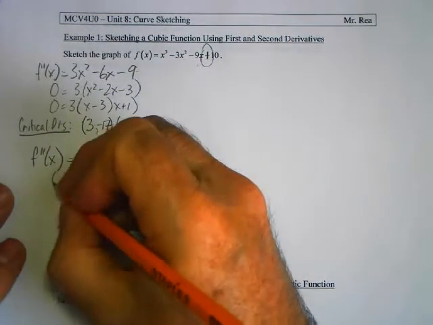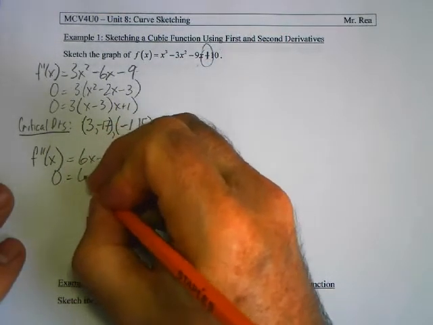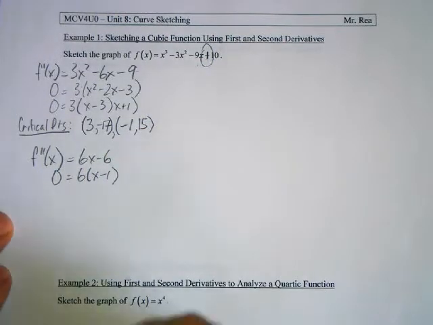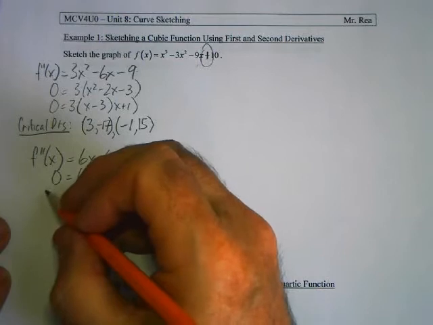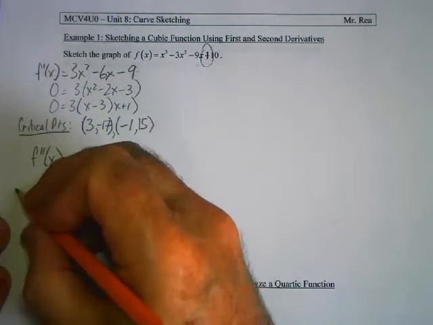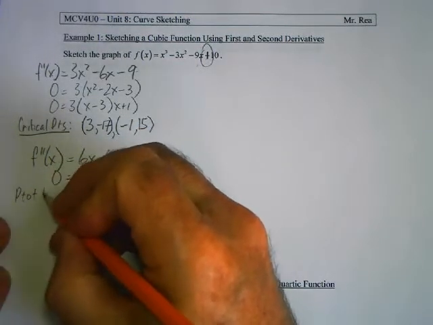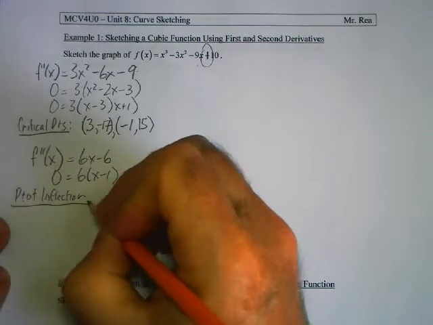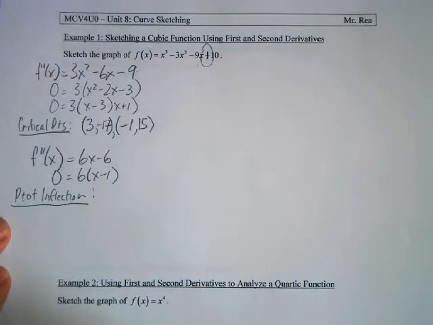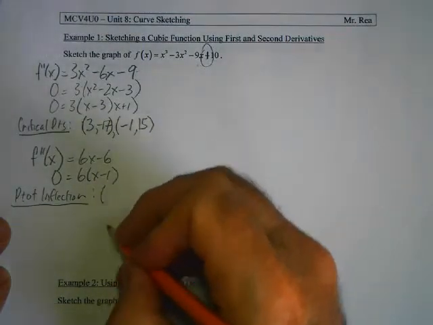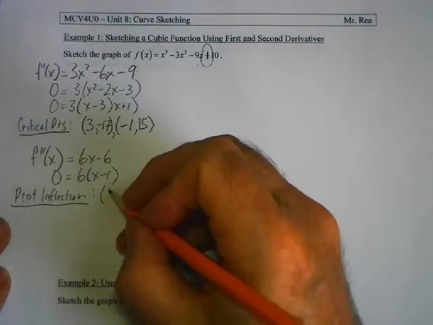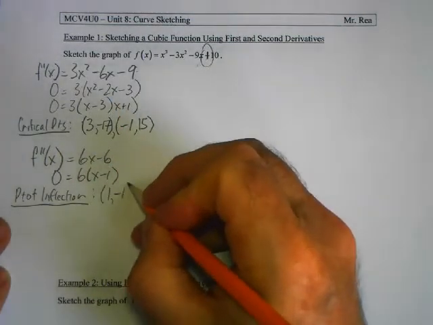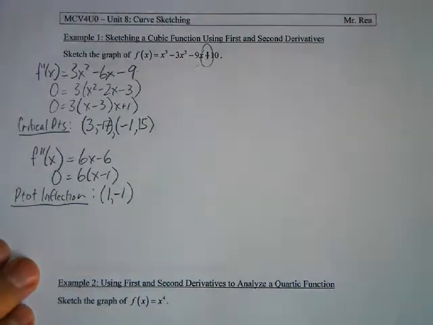I'm going to set that to 0. I could factor the 6 out here and find that I have a possible point of inflection. We'll see if it's true or not. That's going to be at x equals 1, and when I plug 1 in here, I get the y coordinate of negative 1.